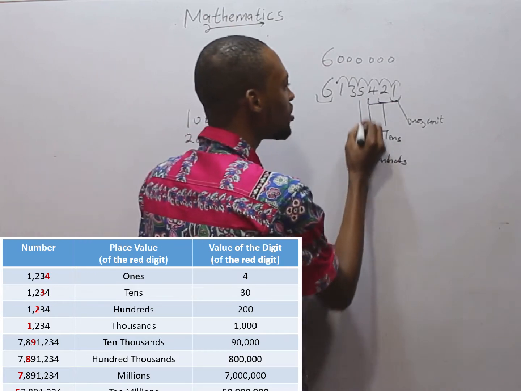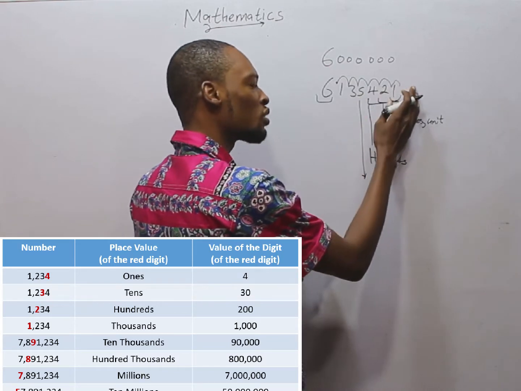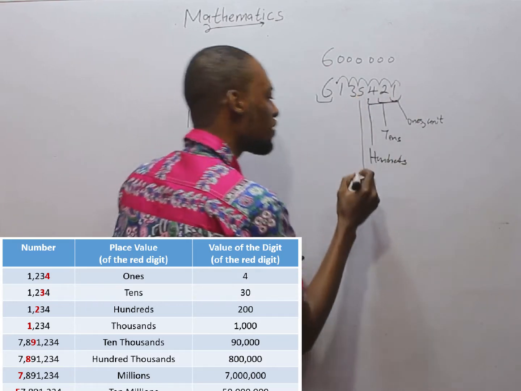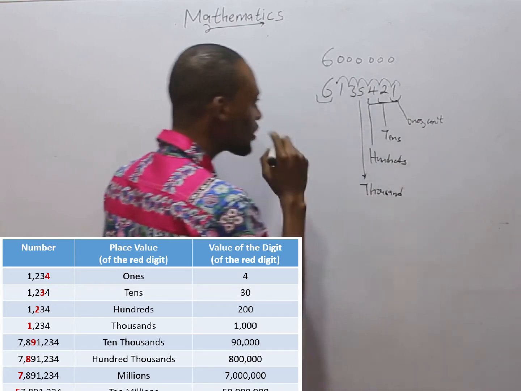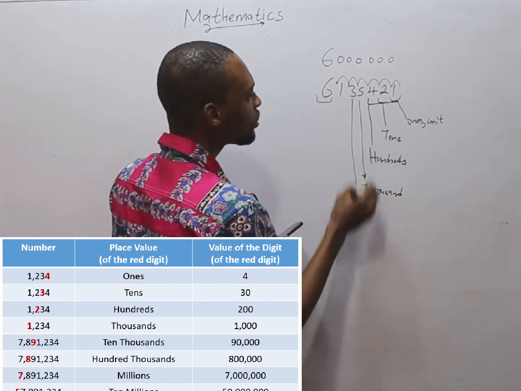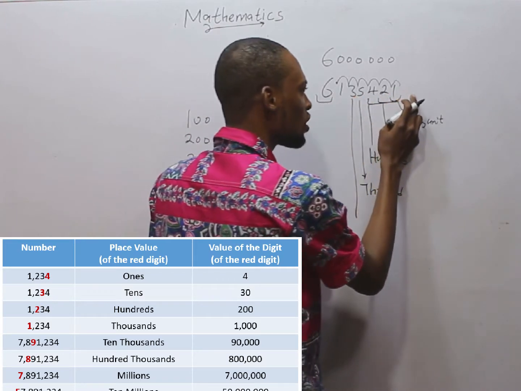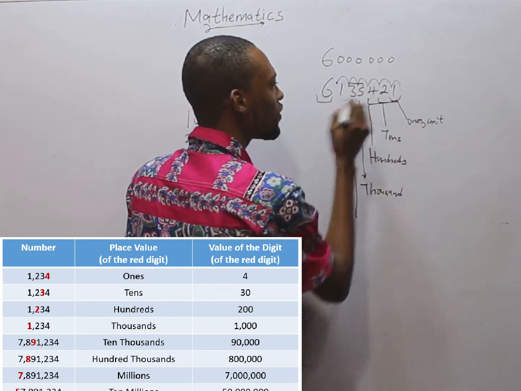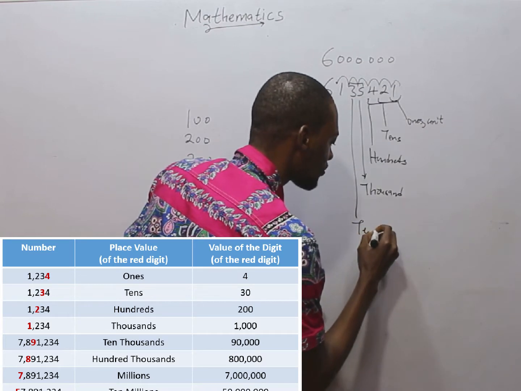Then the fourth one, this one is joining. You refer to this as 5,421. So the place value of this 5 is 1,000. Then from here, you refer to this as 35,421, meaning you are grouping 35. What does that mean? That is tens of thousand.